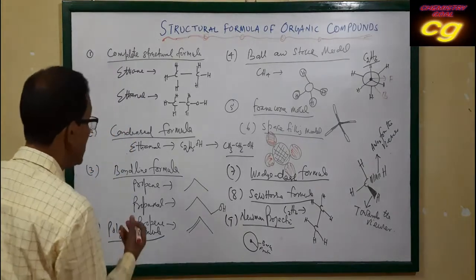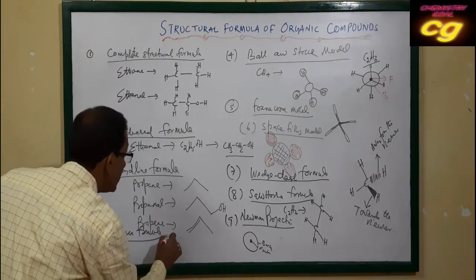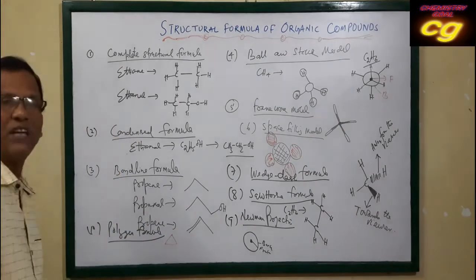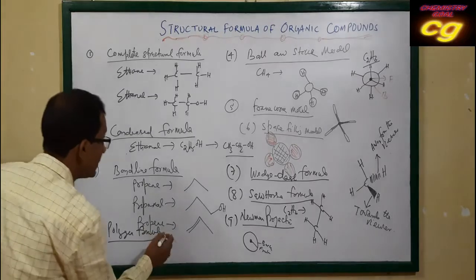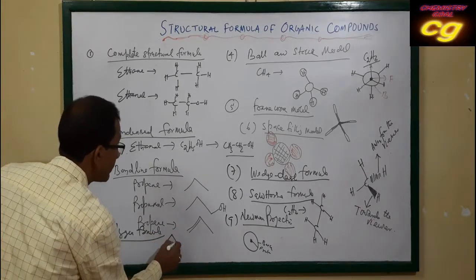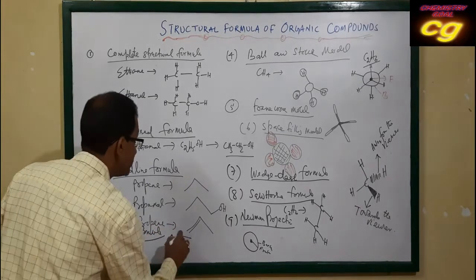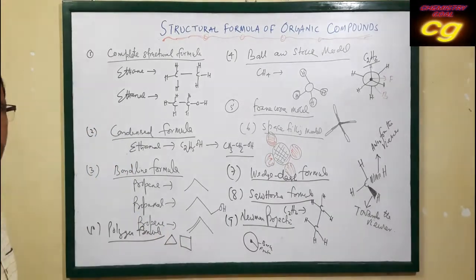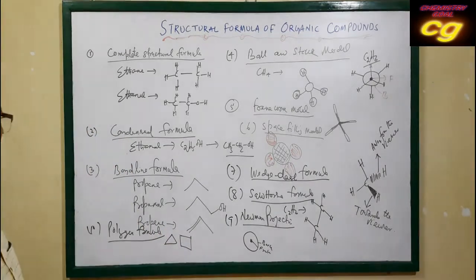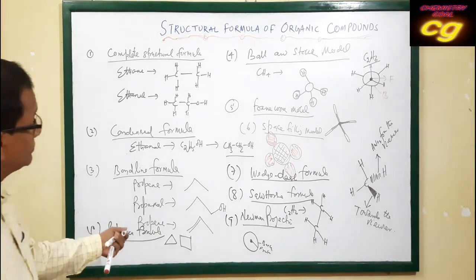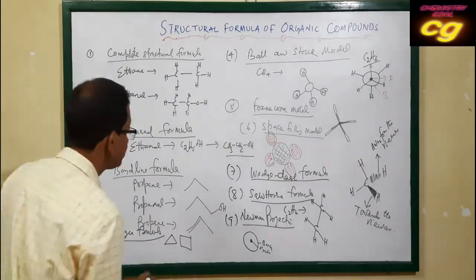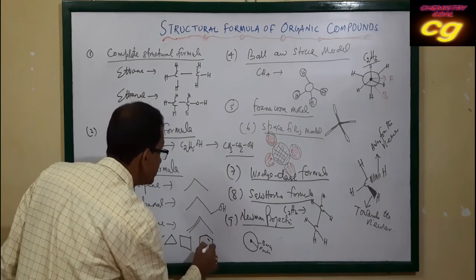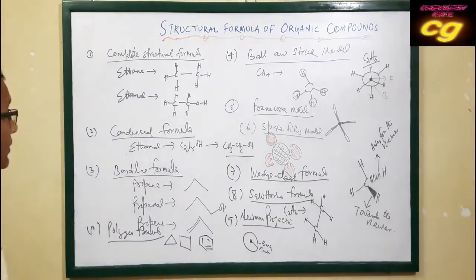For example, as I told you previously, this indicates cyclopropane. This type of molecule may be alicyclic or aromatic. In polygon formula, this is also benzene.